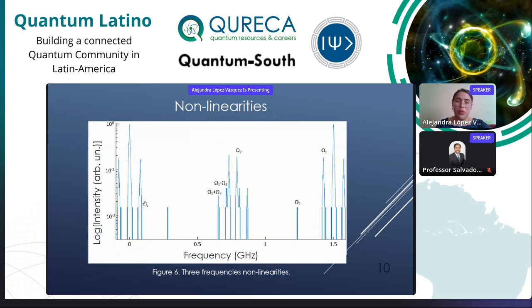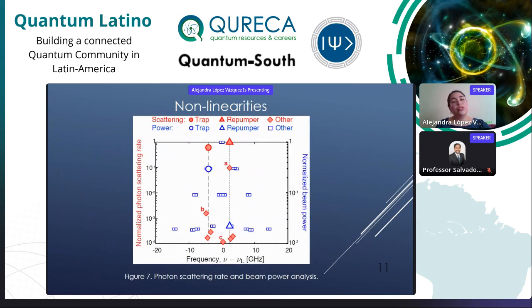Cuando nosotros le mandamos una frecuencia a este modulador, nos genera diferentes múltiplos de esa frecuencia y eso hace que podamos tener problemas con nuestro experimento. En particular, hay partes de la secuencia del experimento donde necesitábamos 3 frecuencias, entonces mandamos 3 frecuencias al mismo tiempo al modulador electroóptico y me genera varias frecuencias extras no deseadas a las cuales les llamamos no linealidades y estas podrían hacer que nuestro experimento no se llevara a cabo.